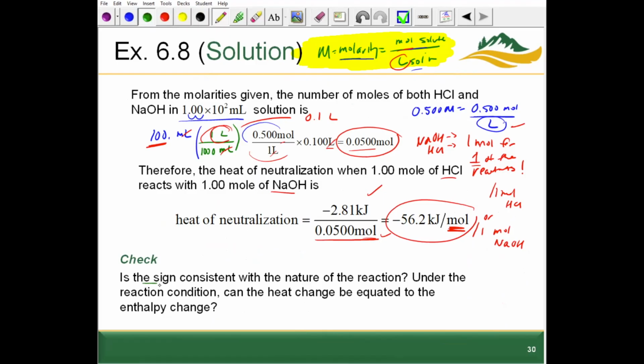This is an important one to think about. Is the sign consistent with the nature of the reaction? This is a negative heat. If it's a negative sign for the heat of reaction, yes, that makes sense because this negative sign means we have an exothermic reaction.